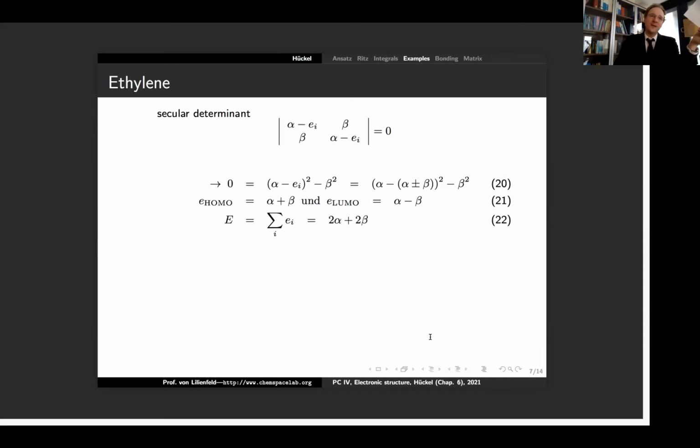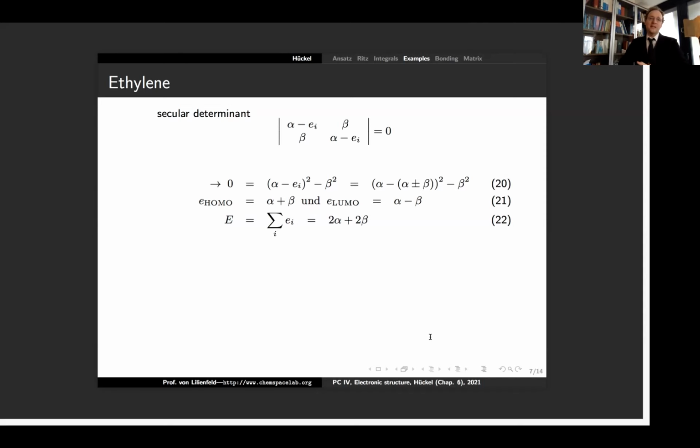This is typically part of the question that the system is specified, right? And then once you have that, then you have to ask, okay, how do the orbitals look like? That's the subsequent question.